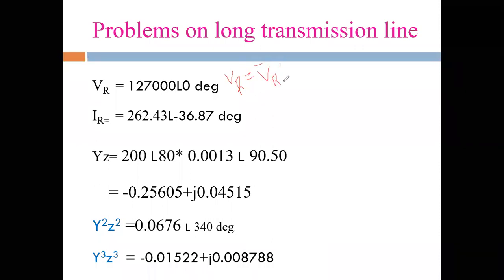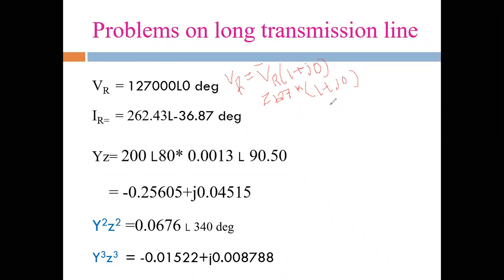In that, VR is equal to 127 kilovolts, that means 127 into 1000 into 1 plus J0.